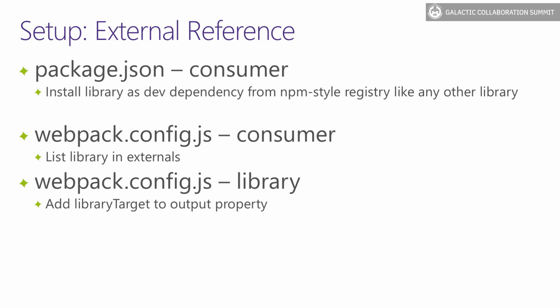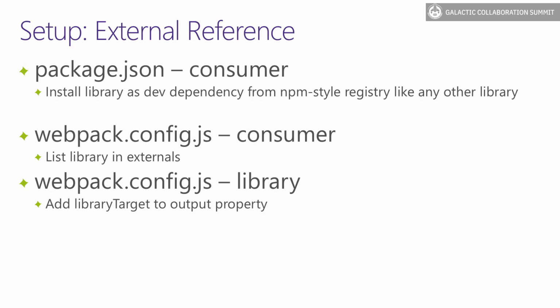So it'll be @my-solution/library with a version number, because we're going to have published our package to that registry. So that's pretty straightforward. Then also in our consuming application, in our Webpack config, we're going to list that library as an external. So we'll put @my-library/library-name in the externals array in the Webpack config.